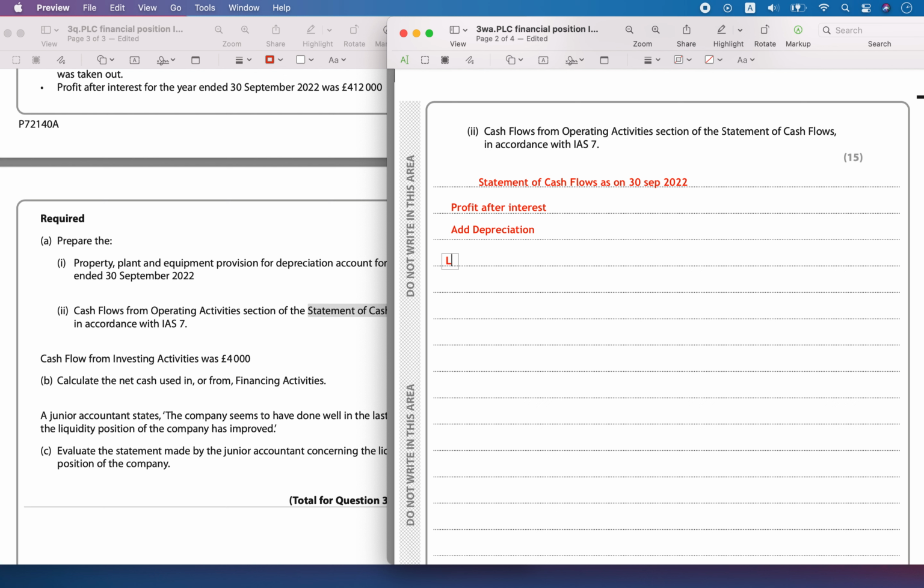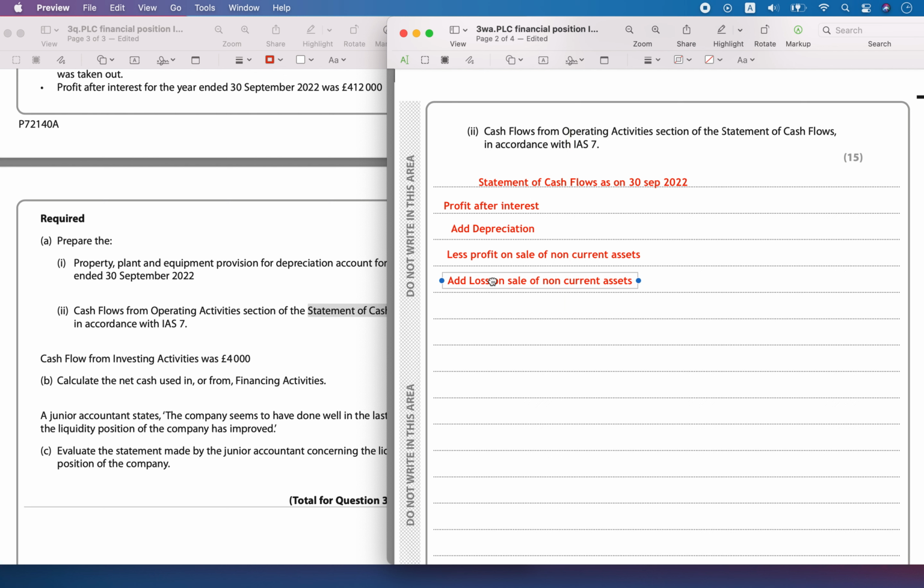And then I will have to subtract any profit on sale of non-current assets, and I will have to add any loss. If there is a loss, I will have to add back the loss to the profit.